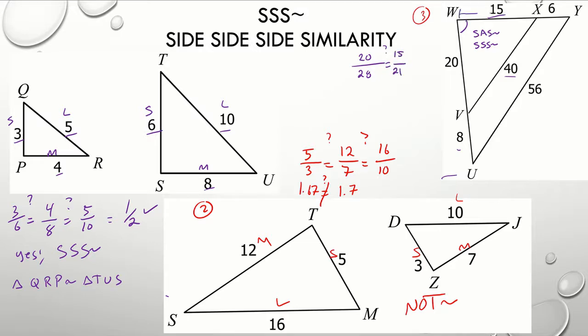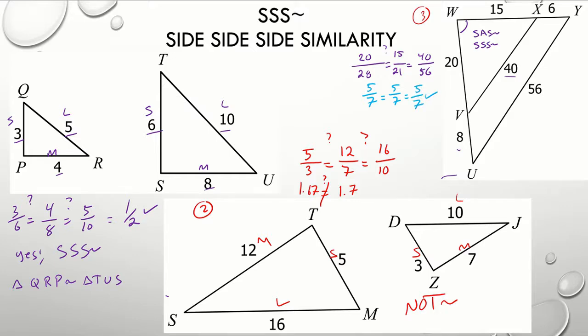Again, 15 came from this little triangle, 21 came from this big triangle. And then I'm going to check the third side, and it's going to be 40 over 56. Now here I don't really need a calculator, I can simplify these. So 20 and 28, biggest number is 4, so that's 5 over 7. Biggest number between 15 and 21 is 3, so that's 5 and 7. Biggest number is 8, and that's 5 and 7.